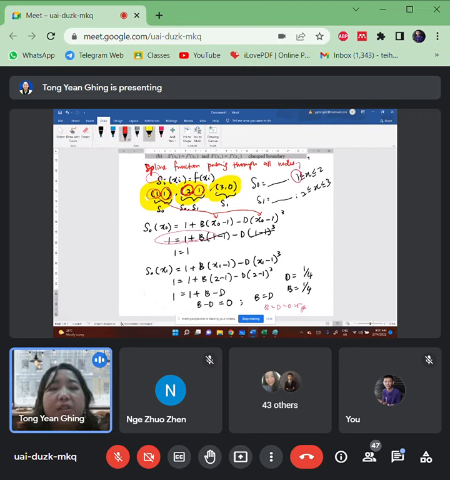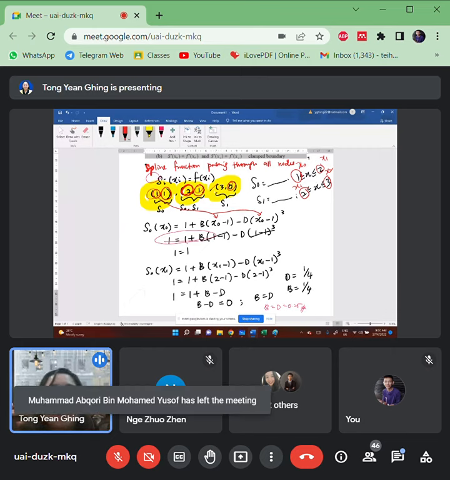This should be X0, the first one. And this is X1, so this one also X1. This is X2. So in the questions, they give you the values of f(X0), f(X1), f(X2). So this is given.